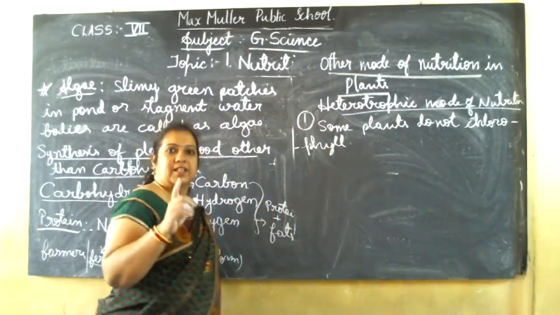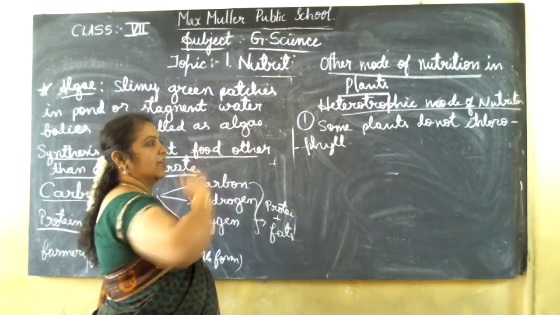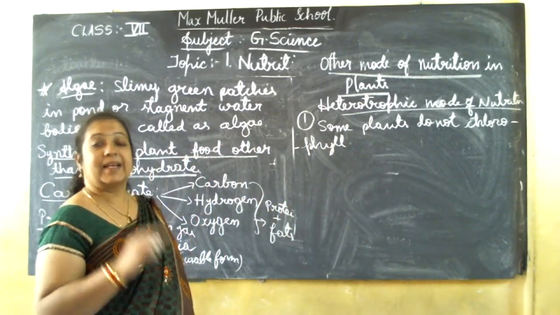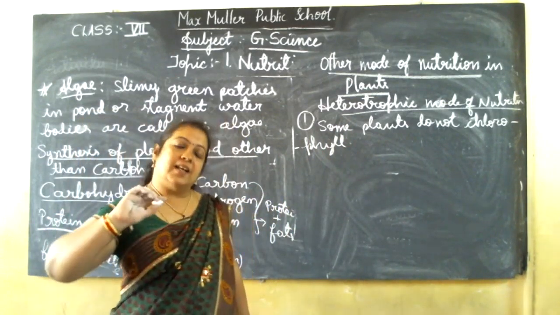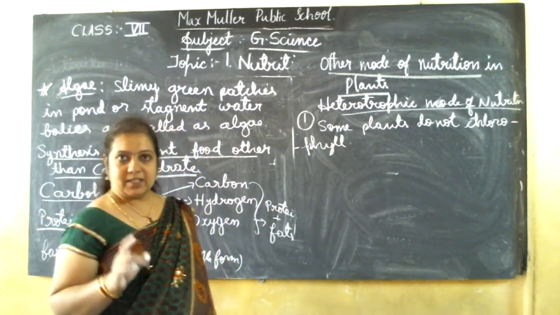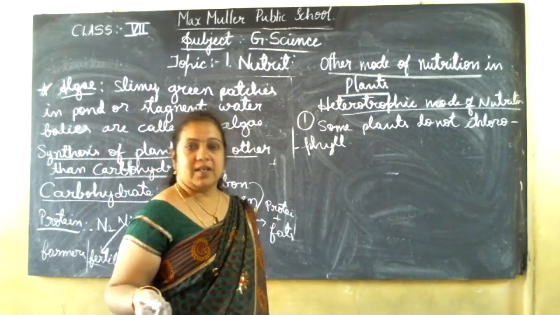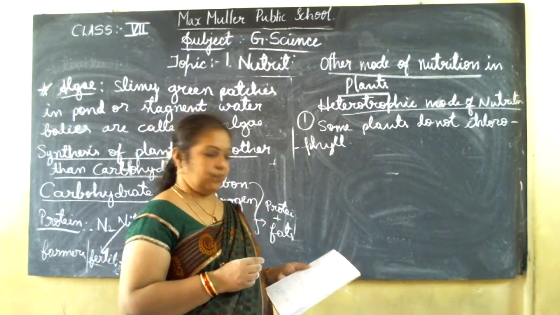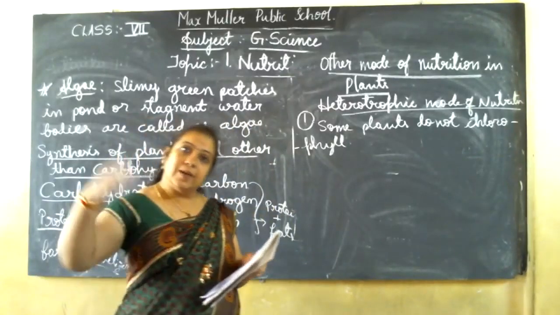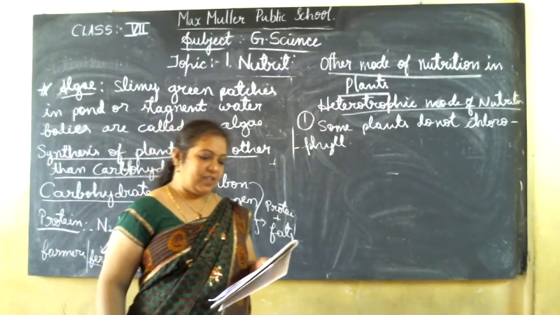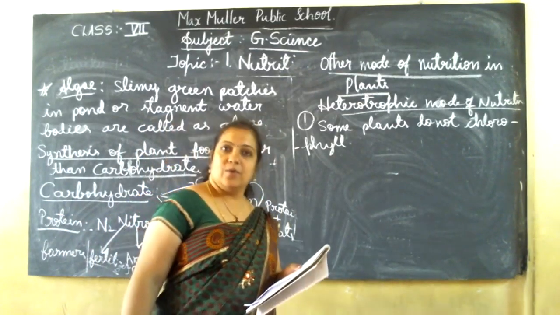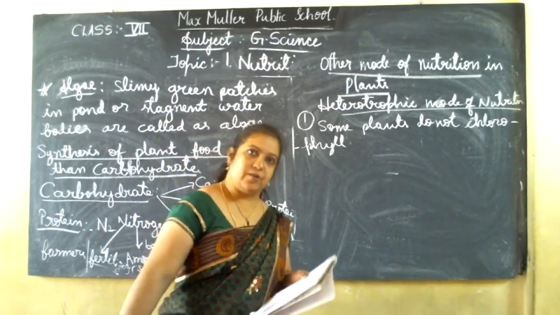These plants go for the heterotrophic mode of nutrition because they don't have chlorophyll in them. Green color they are not having in their body parts, chlorophyll is absent in them. That's why they go for another mode of nutrition. Some plants depend upon the food produced by other plants. They are the heterotrophs, and their mode is called the heterotrophic mode of nutrition.